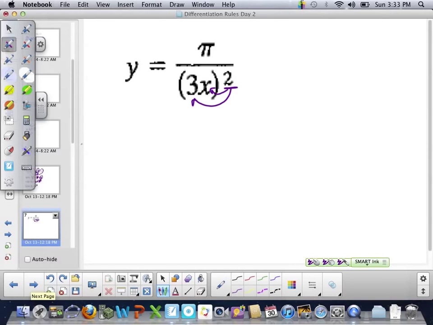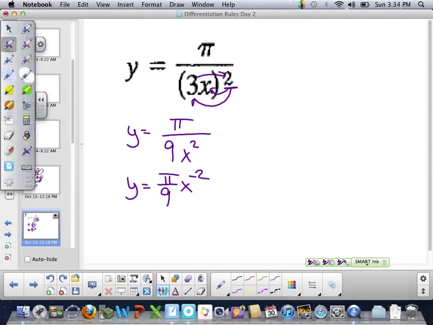All right, so we can rewrite this as y equals pi over 9, because 3 squared is 9, and then x squared. All right, but we don't want x in the bottom, so I'm going to bring x up to the top. And I can rewrite this as pi over 9 x to the negative 2.